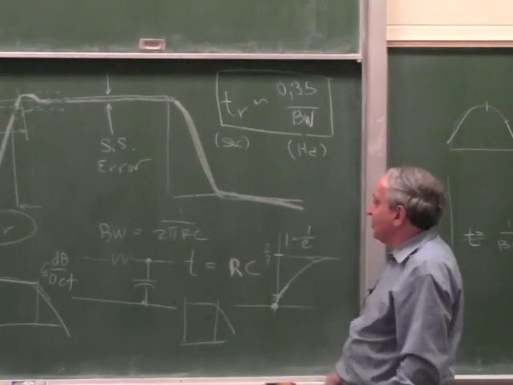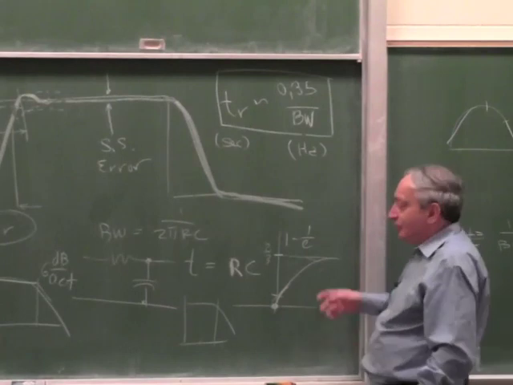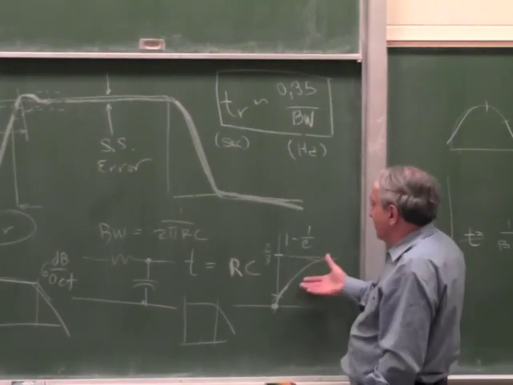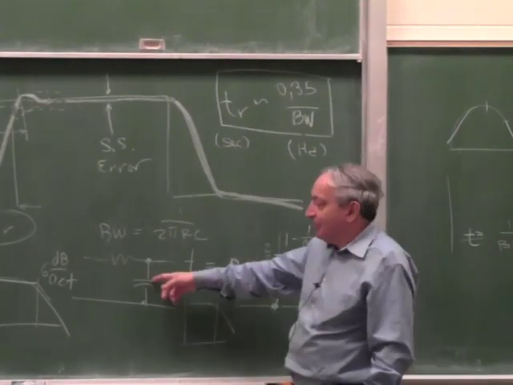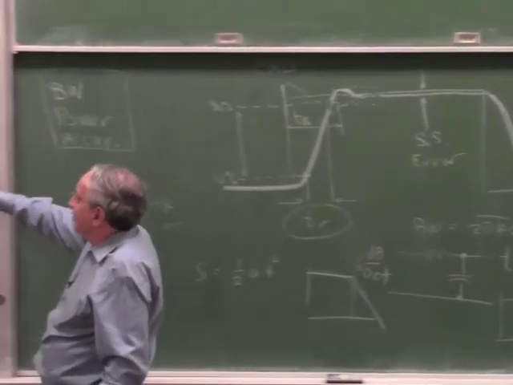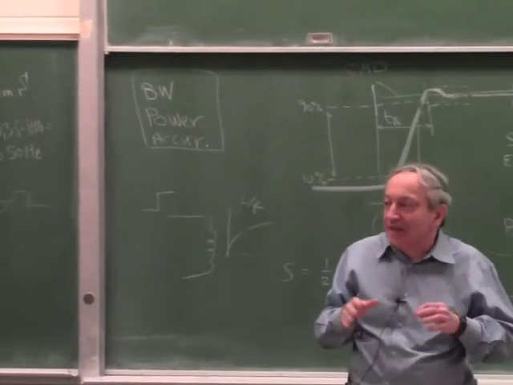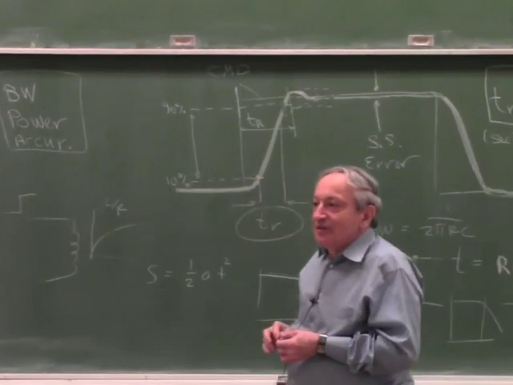Now you know the formula for this, so you can calculate the rise time, and derive it by comparing the rise time to the 3 dB point of the system, and then you get this number. But what is interesting is that this number works not just for a simple RC, it's a very good guideline for all servo systems.